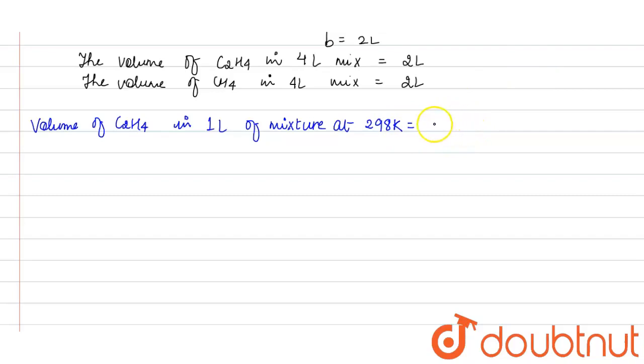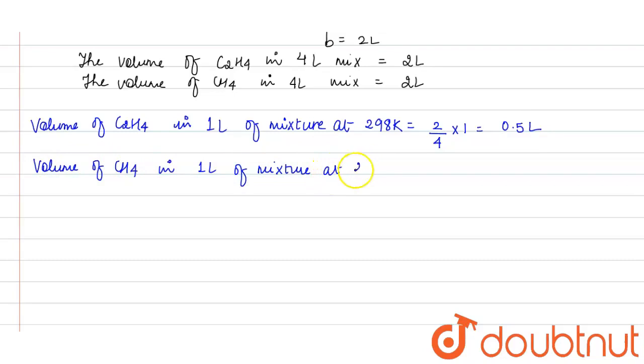So it will be equal to 2 by 4 into 1, that is 0.5 liter, okay. And the volume of CH4 in 1 liter of mixture, I am just applying the unitary method, at 298 Kelvin will also be equal to 2 by 4 into 1, which is 0.5 liter.